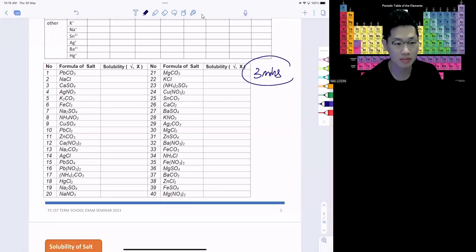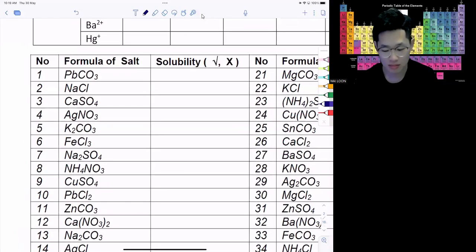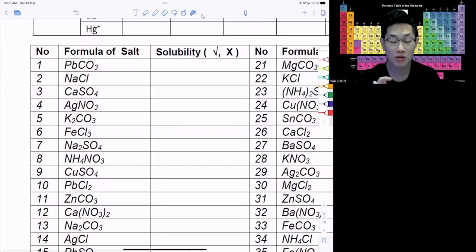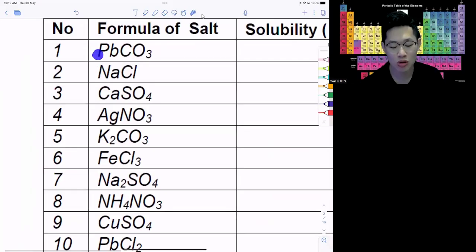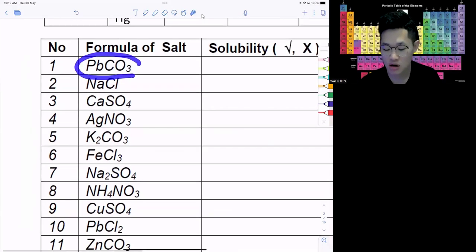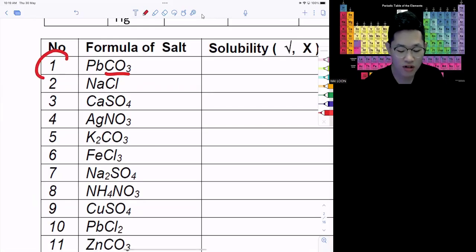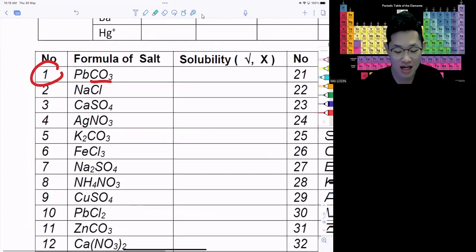Okay, time's up. So the first one, remember what I said, we always go for the first group and ask ourselves, does it have sodium, potassium, ammonium, nitrate? No. Does it come with COOH? CO, yeah, insoluble. For the insoluble one, I do it like this. If it's soluble, I put a tick, insoluble, I do it like this.